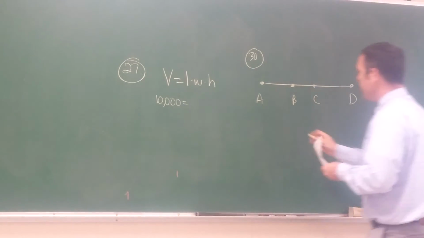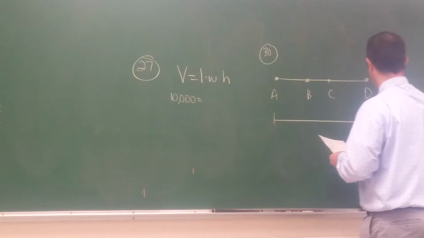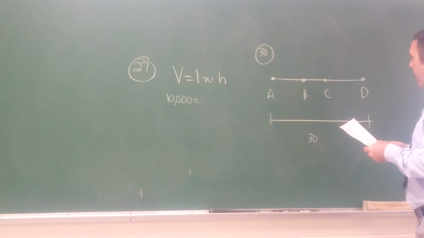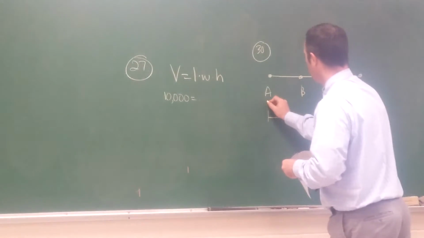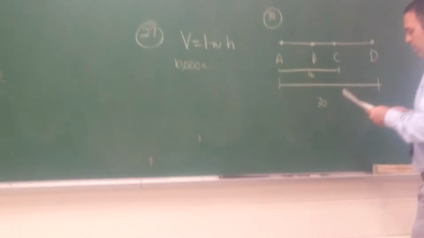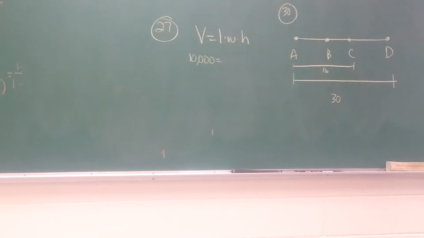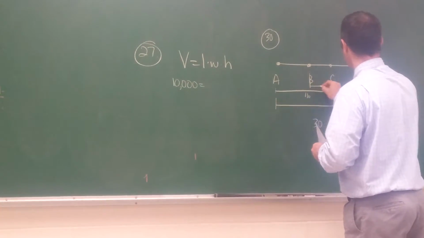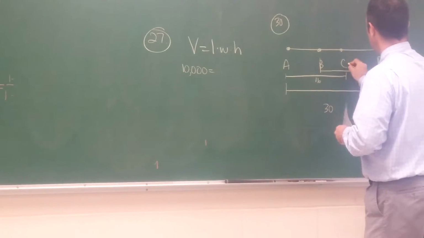So it says the whole thing is 30, right? AC is 16, so from here to here is 16. And BD is 20, so from here to here is 20.